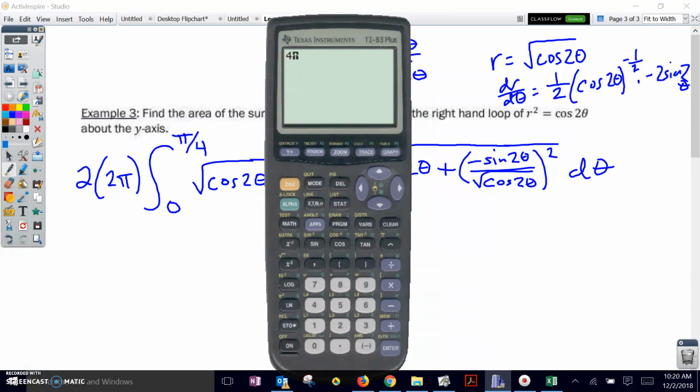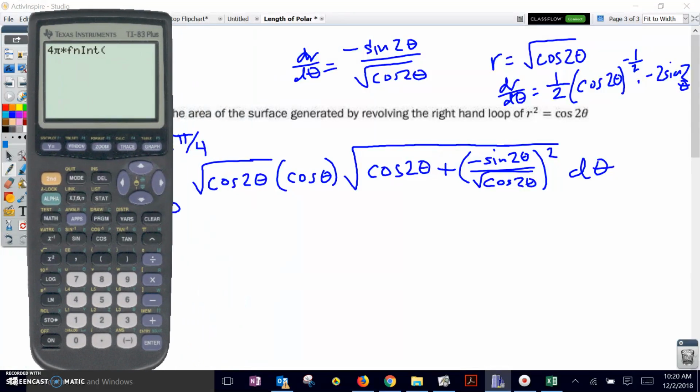Now I'm going to go ahead and calculate that. I've got 4 pi times the integral of square root of cosine of 2 theta, times cosine of theta, times the square root of cosine of 2 theta plus quantity negative sine of 2 theta over square root of cosine of 2 theta, squared.